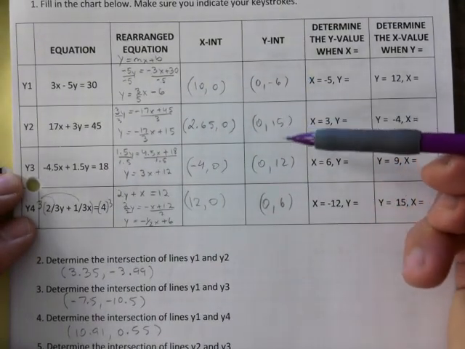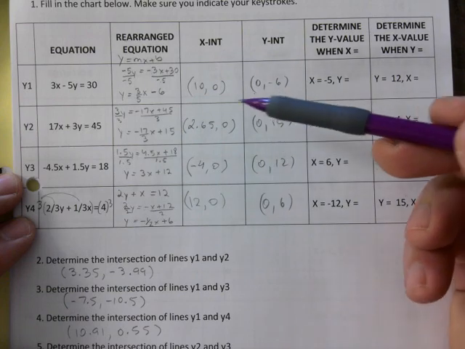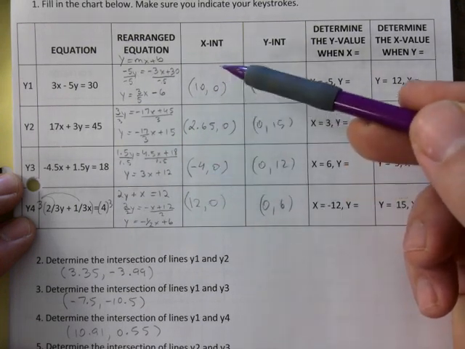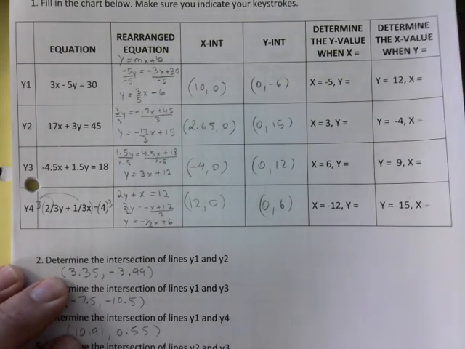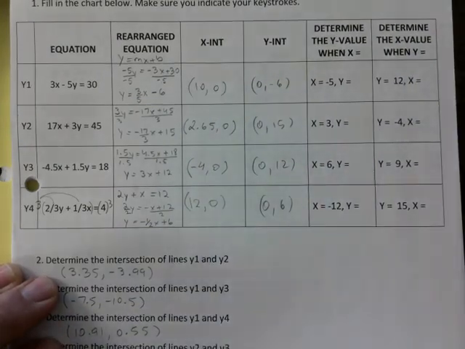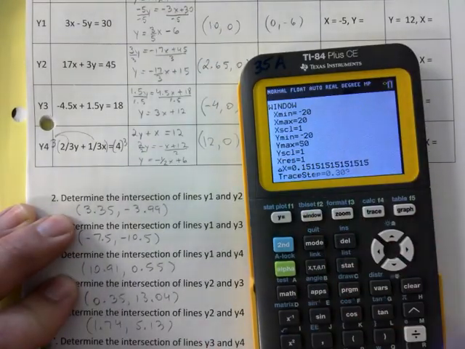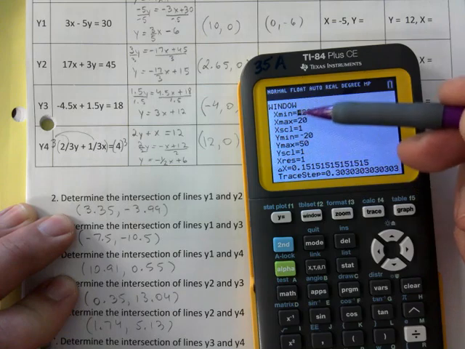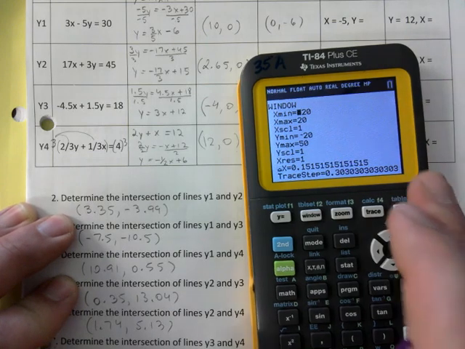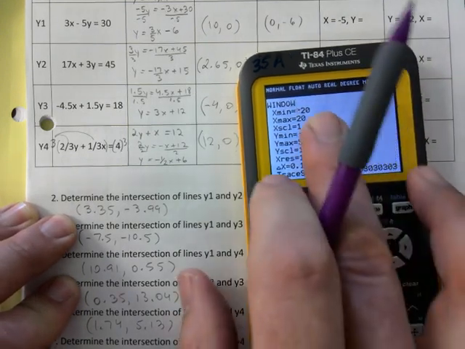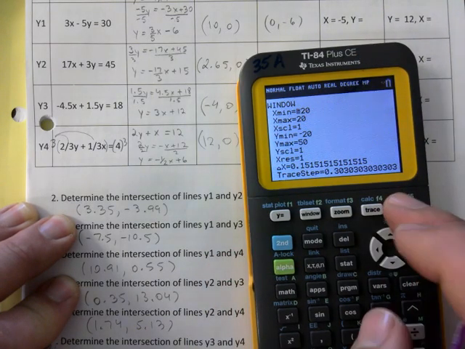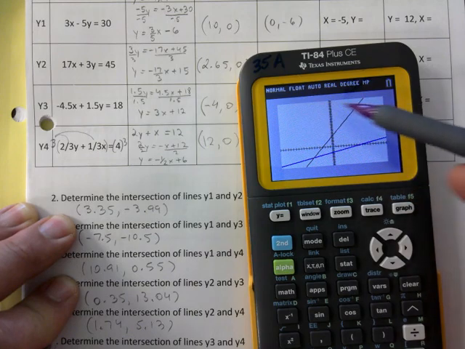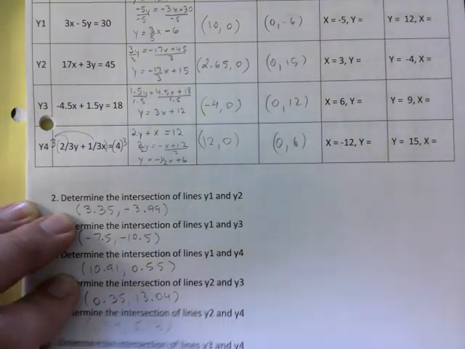If I go up 20, down 20, same with the x values, I'll be just fine. So that's what you want, just ballpark. Just make sure you have a window that will fit everything in. I just had an idea actually. If you go to your window on your screen, if you were to go by those numbers, you'll be fine, right? Oh, I need to go negative 20 to 20 and negative 20 to 50, right? Even though the 50 is probably overkill, that would definitely work as well.